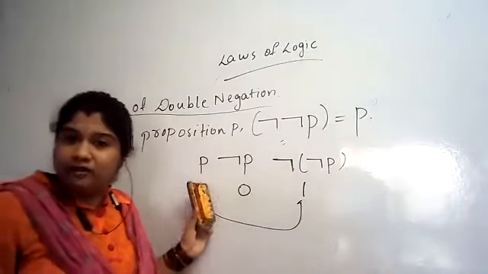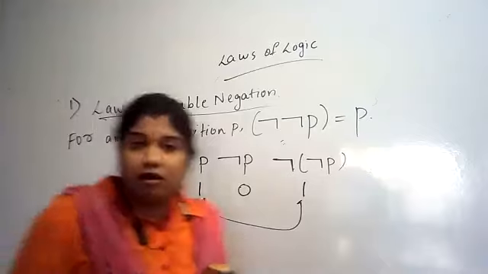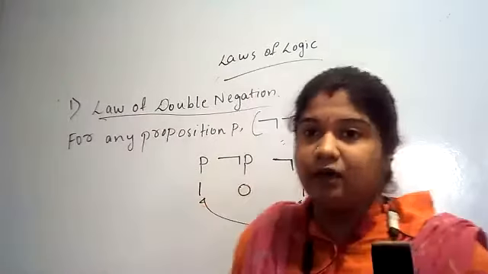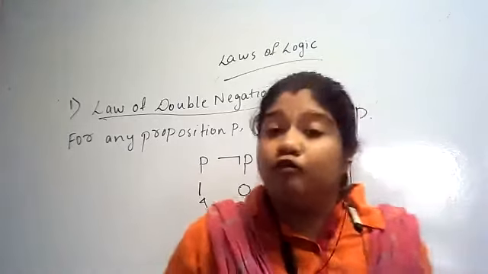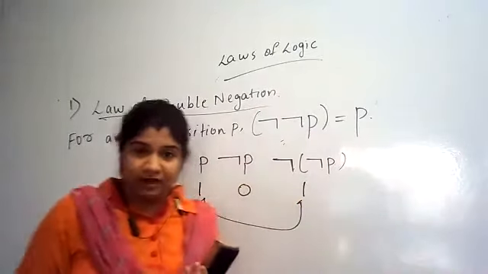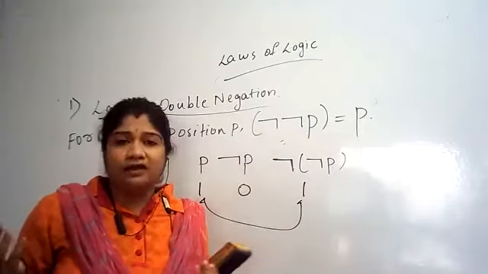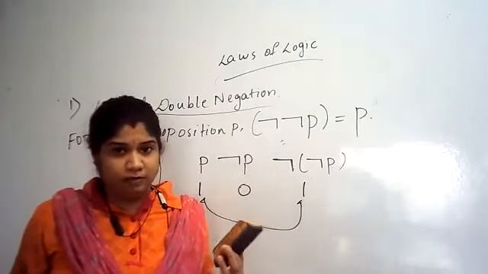Okay, has everybody followed the first law? The first law of logic is nothing but the law of double negation. This law says that for any proposition P, or you can take any proposition Q, that is not a problem.